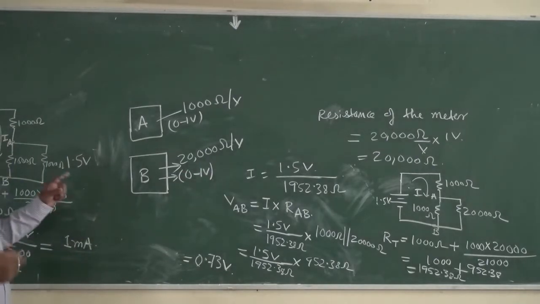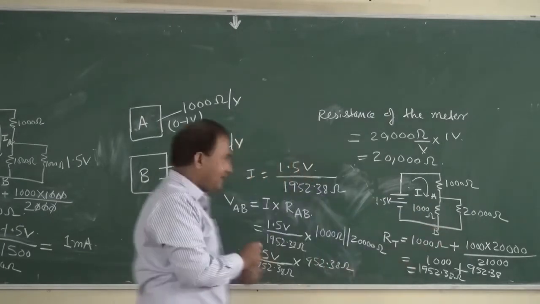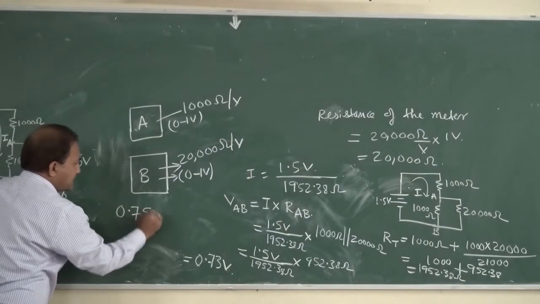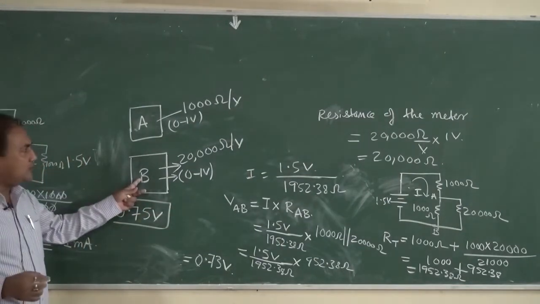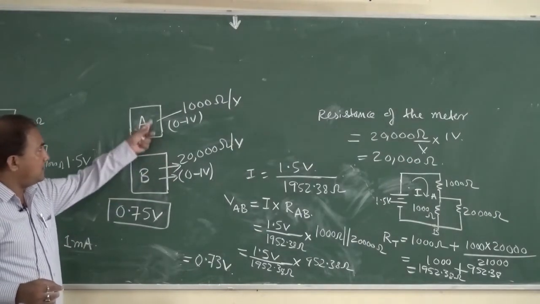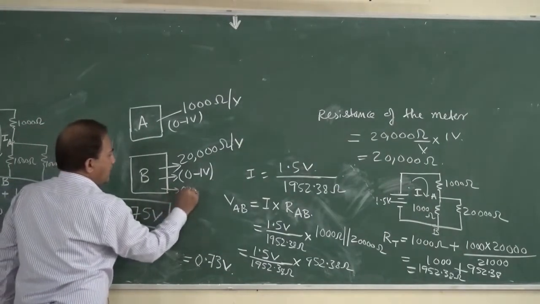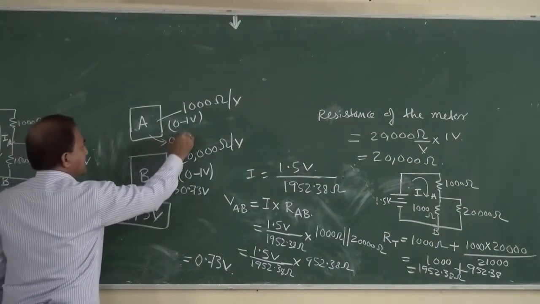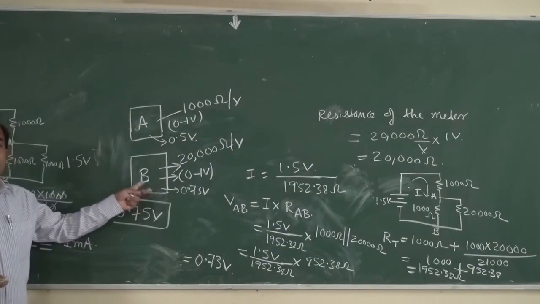Now we are measuring the voltage at A and B. Ideally it should measure 0.75 volt, but by using B, whose sensitivity is much higher than multimeter A, it is showing 0.73 volt, and this meter is showing 0.5 volt. See the difference?